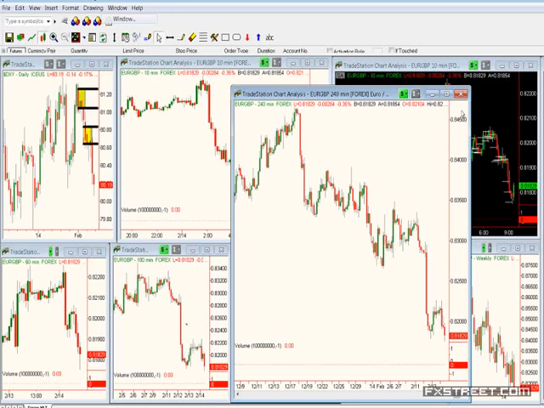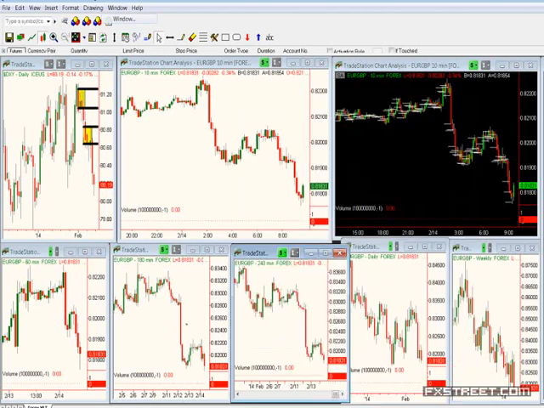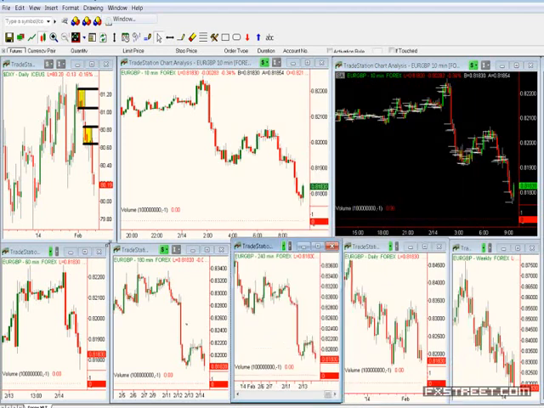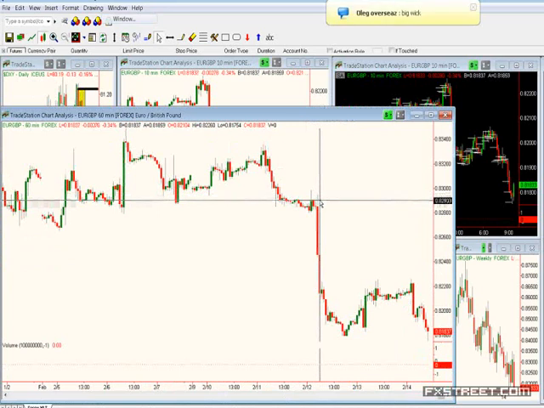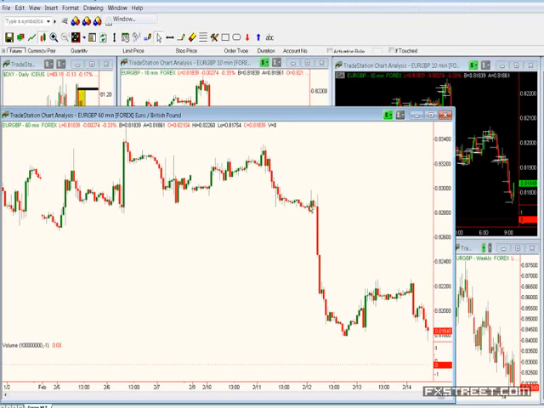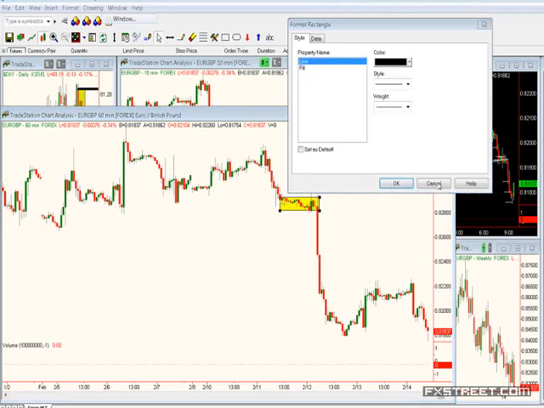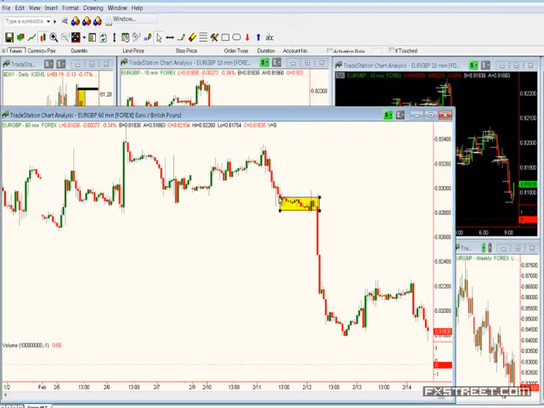Just be careful of these two wicks. Let's go to a smaller time frame and investigate. I'm going to skip down to the 60-minute. I want to show you why you would probably not take this. We would not be interested in this area here because we don't want to assume or conclude that there's supply in this area.